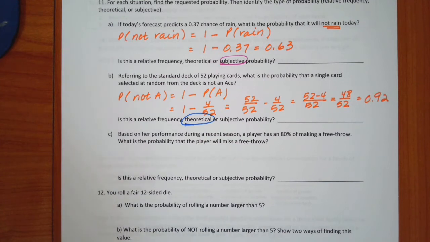Okay, based on her performance during a recent season, a player has an 80% chance of making a free throw. What is the probability that the player will miss a free throw?